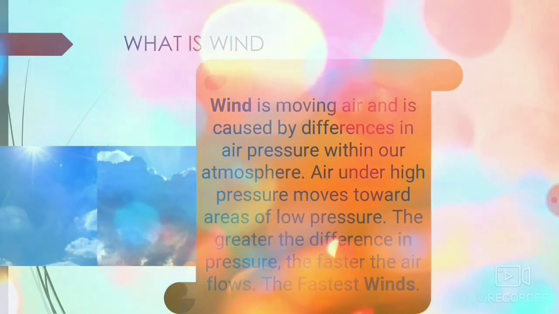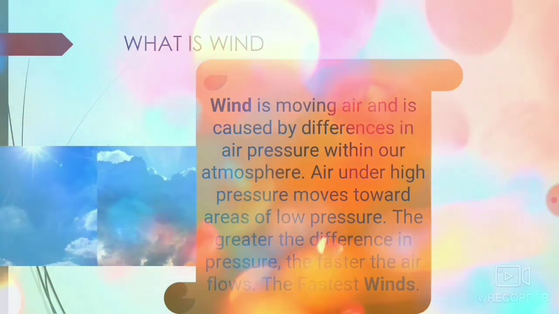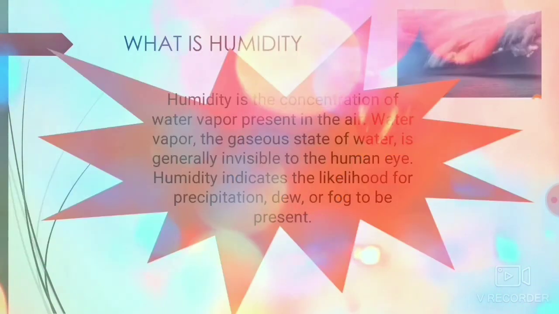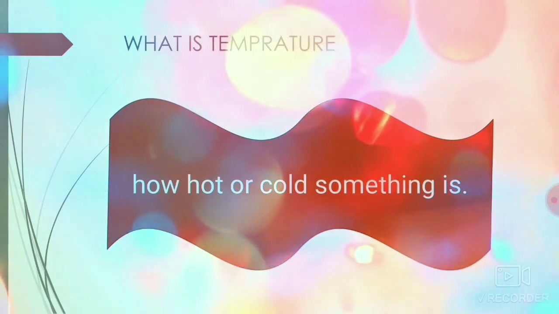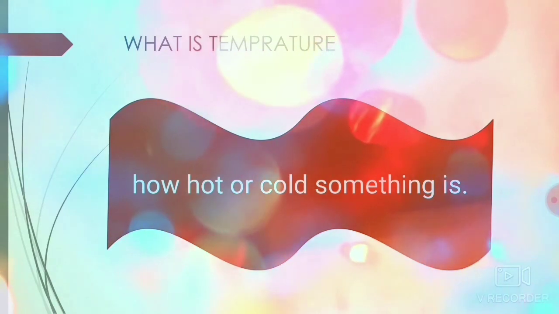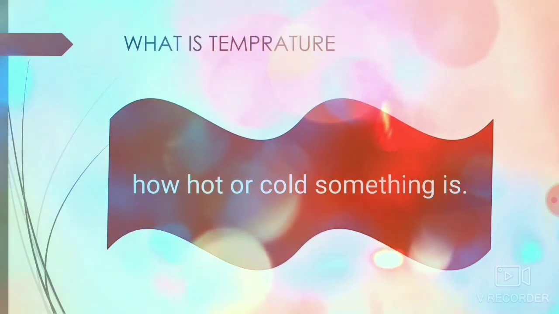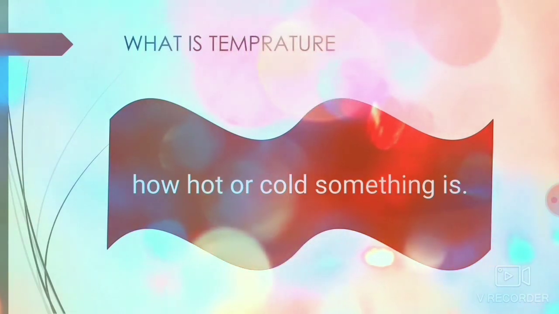Same like that, it changes. And friends, I want to tell something about these 4 elements of weather. Temperature: for measuring the temperature, we use the instrument called a thermometer.